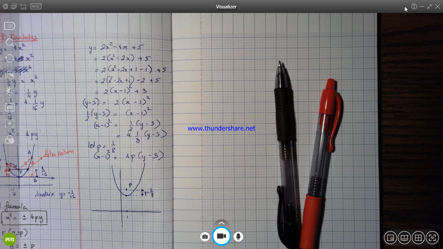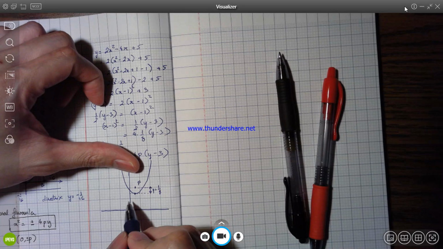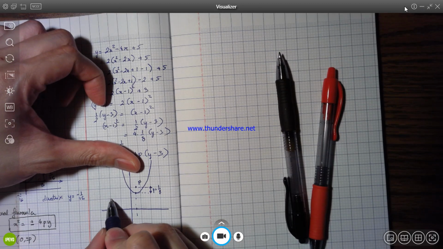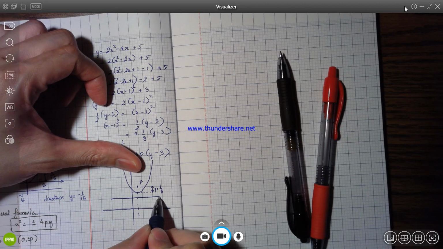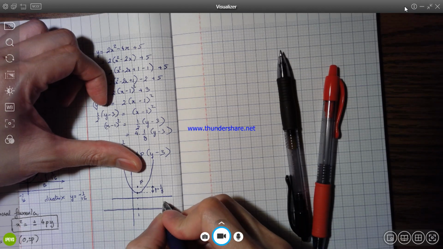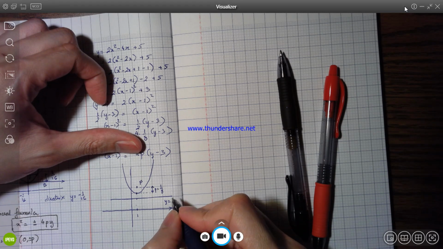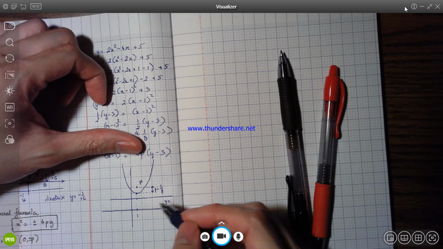From the vertex, if we go down vertically by 1/8, we will also get a line, and that line is also called the directrix. So the line will be y equals what?